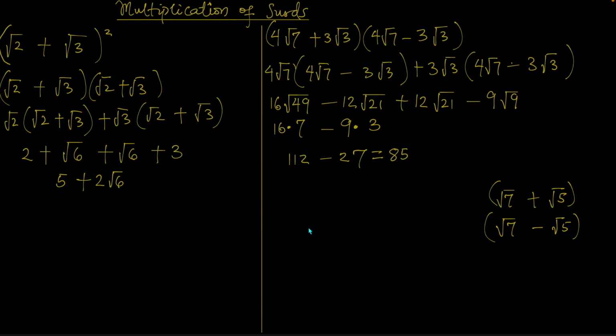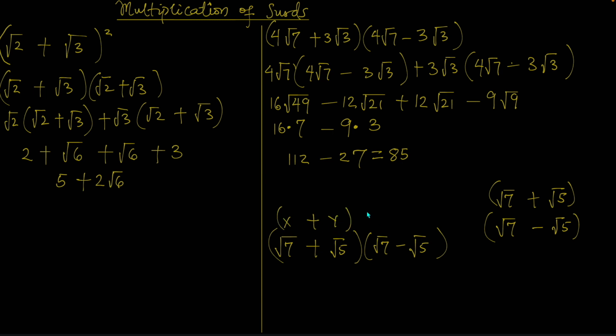Now one last thing, if you recall at the beginning of this lesson we tried to explain the idea behind binomial Surds, and we said that it also works when you try to multiply the first parenthesis by the second parenthesis. So if you have to multiply root 7 plus root 5 by root 7 minus root 5, let's take root 7 as x and let's take root 5 as y.